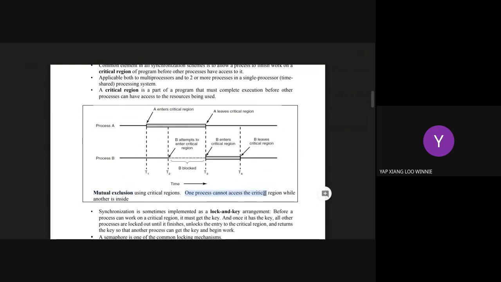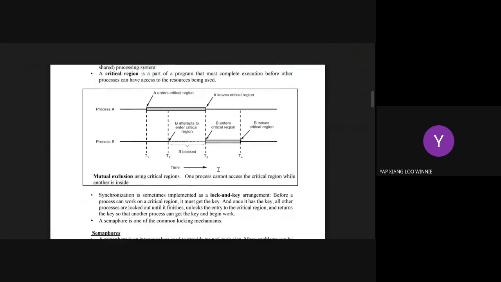One process cannot access the critical region while another process is inside. That's why B is blocked until T3, when A leaves the critical region and B can enter. Once it leaves, another process can go in. So these are the two terms: critical region and mutual exclusion.